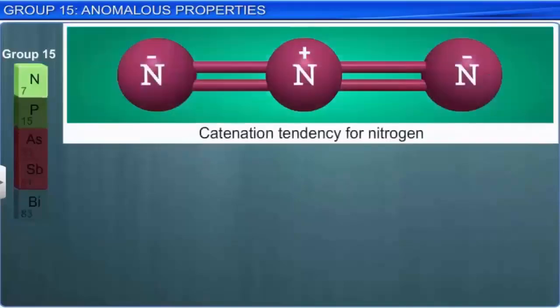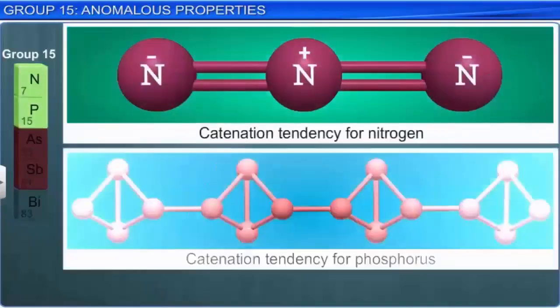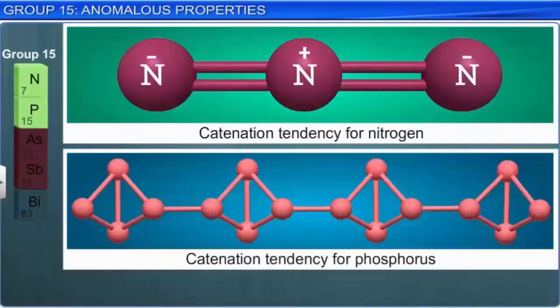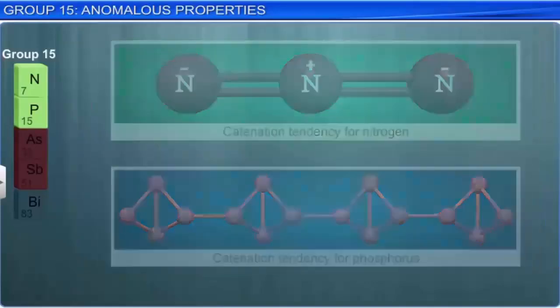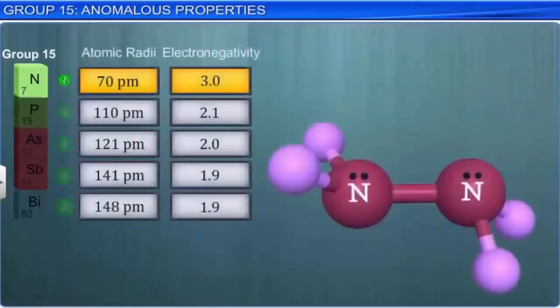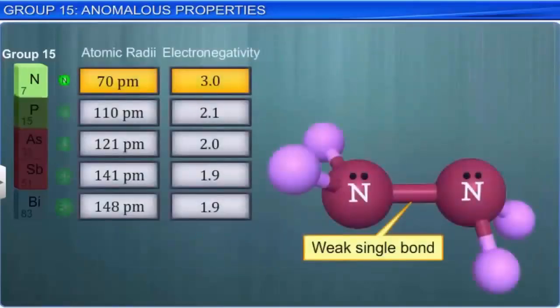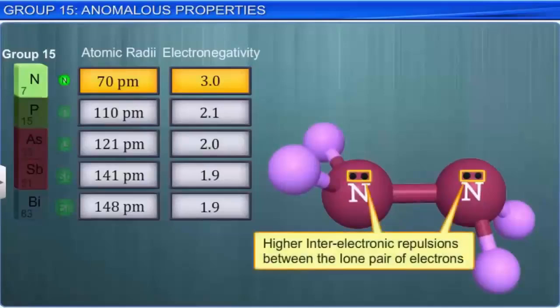The catenation tendency is less for nitrogen when compared to the other elements of the group. This is because the single bond between nitrogen atoms is much weaker owing to the higher inter-electronic repulsions between the lone pair of electrons present on the nitrogen atoms.